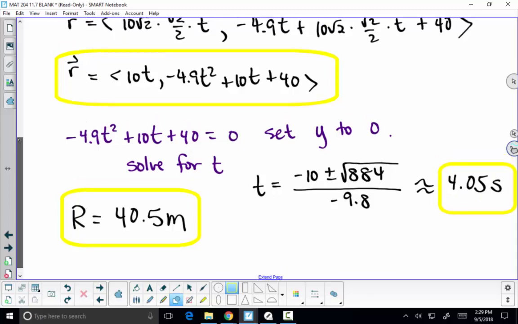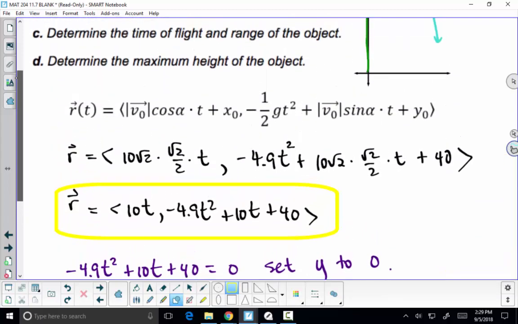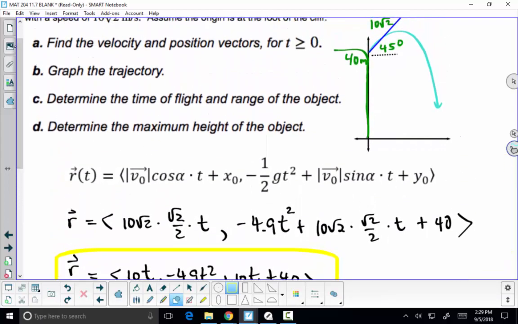And then how about the maximum height? Let's use some ingenuity here. Because we don't have symmetry, we can't take the time value, cut it in half, and plug it in to get the max height. You have to be a little more clever here. Derivative of the y component, set it equal to 0? Right there at the top where it crests, the y component of the velocity is 0.